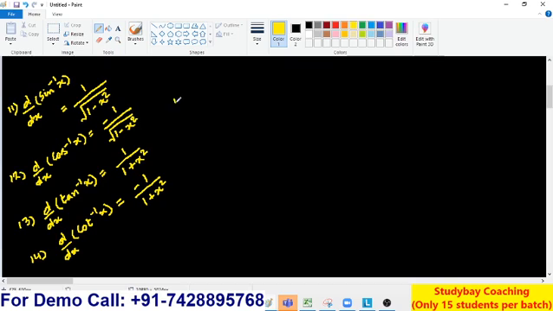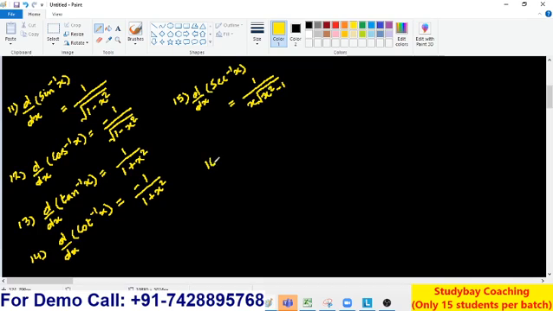Then d by dx of sec inverse x will be equal to 1 upon x into under root x square minus 1.